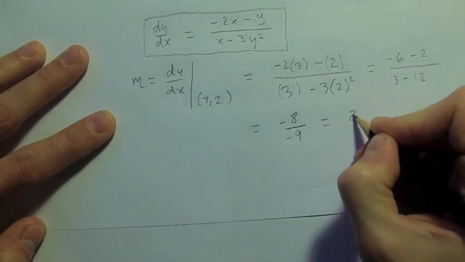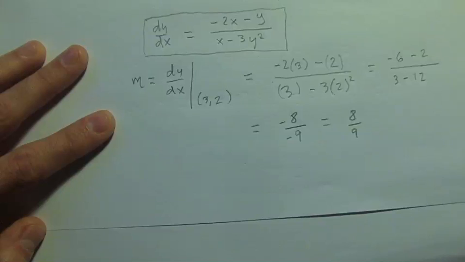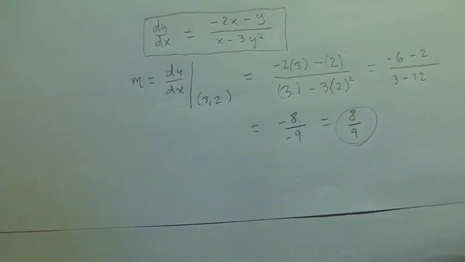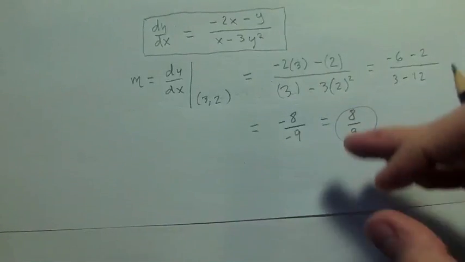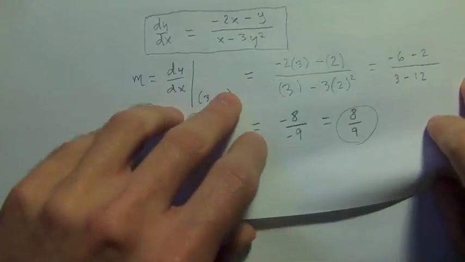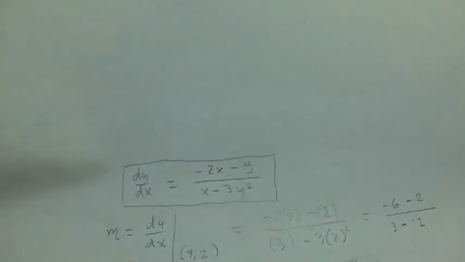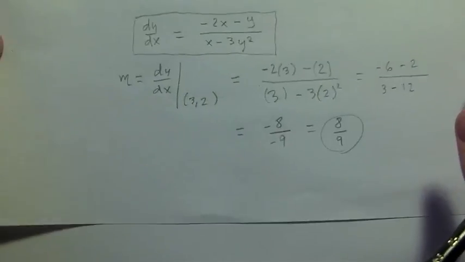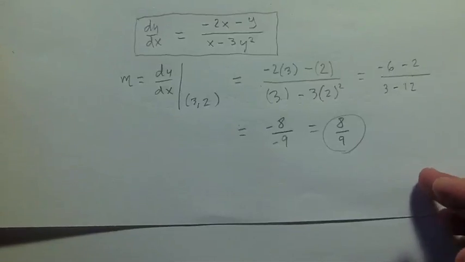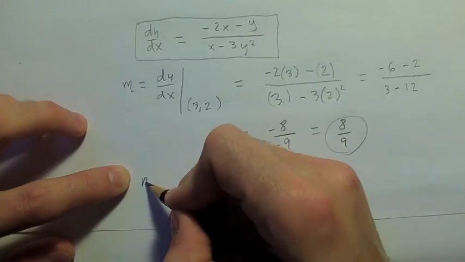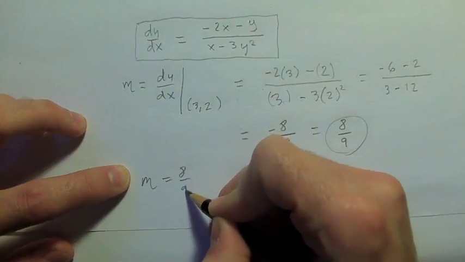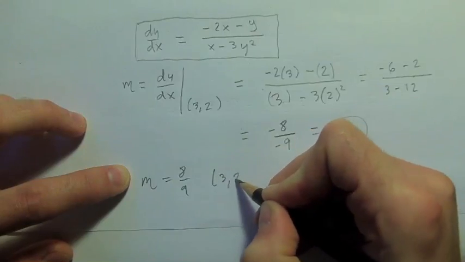Okay. So we get 8/9 is our slope. Okay. So now that we have that, we then go to finding the equation of the line, right? We have that the slope is 8/9, the point is 3, 2.